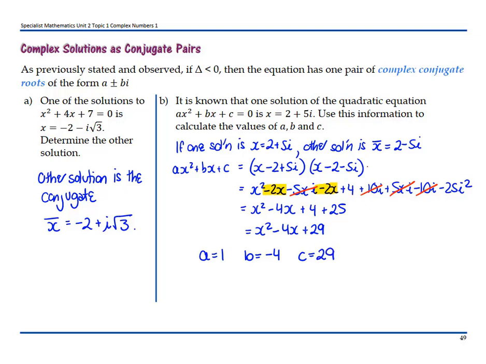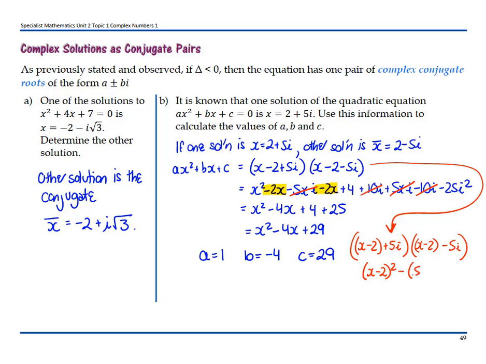Okay, so the other option of doing this, which saves all that expanding, is from that step to go x minus 2 plus 5i, x minus 2 minus 5i, and then bring it together from there. So you've got x minus 2 all squared minus 5i all squared. Expanding the brackets here, you've got x squared minus 4x plus 4.